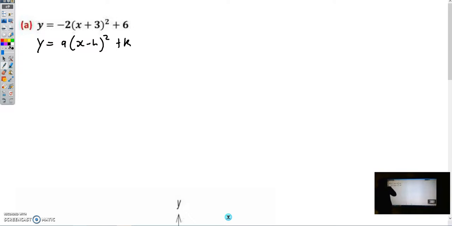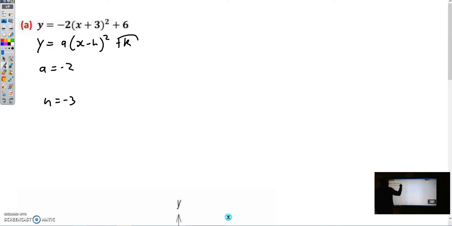So the first thing I'm going to do is observe that a is minus 2. And that tells me that this is going to be a maximum because a is negative. My h value, in this case we can see that minus h is equal to positive 3. So I can say minus h is equal to 3, in which case h is equal to minus 3.